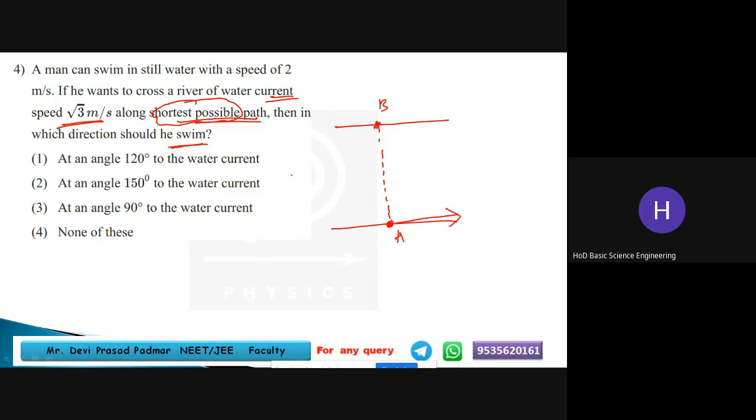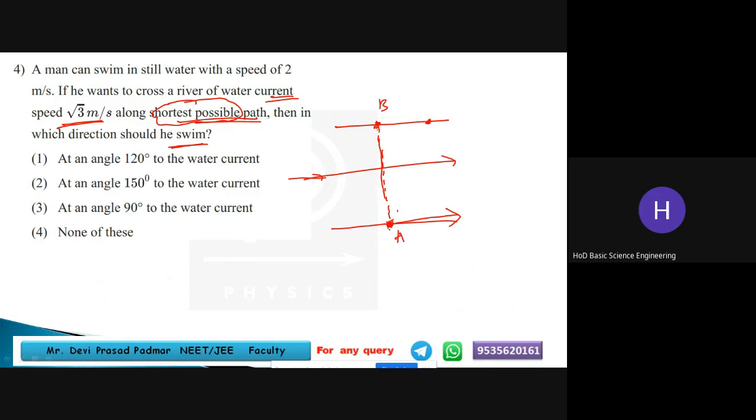So if he starts swimming along AB, he will reach somewhere here. Now that one is not the shortest path. A to B is the shortest path.